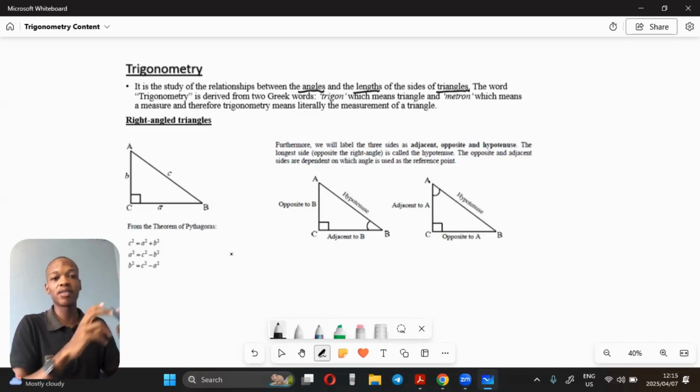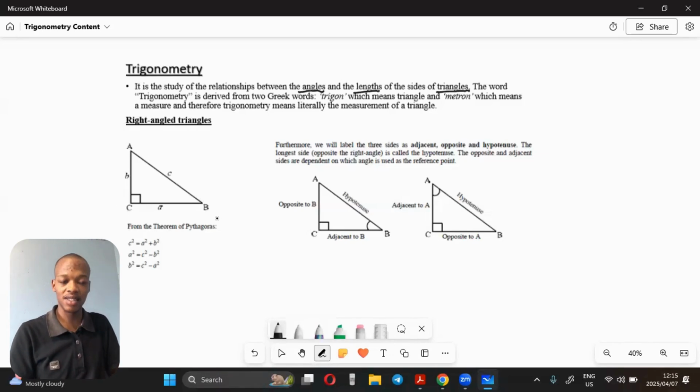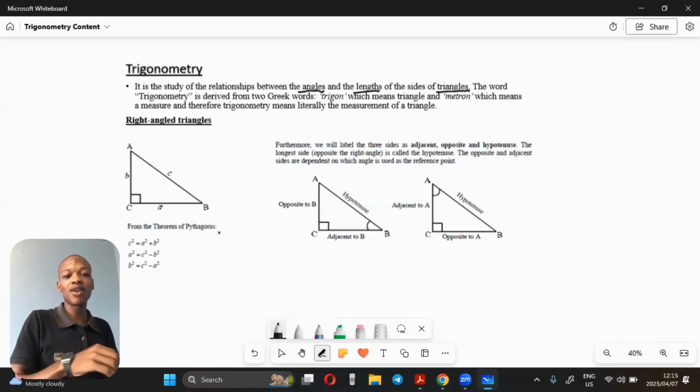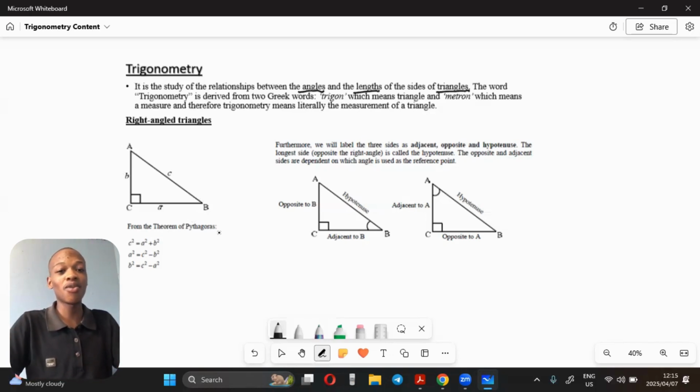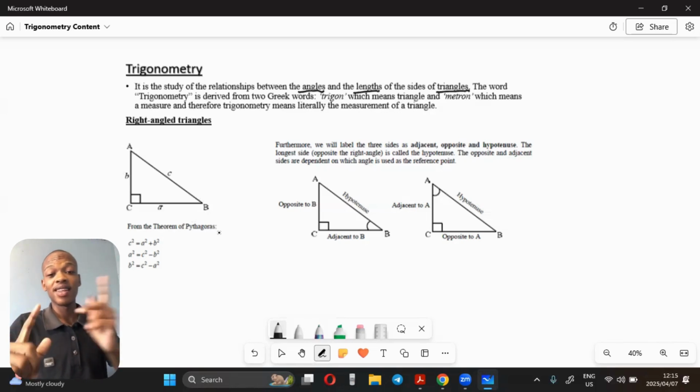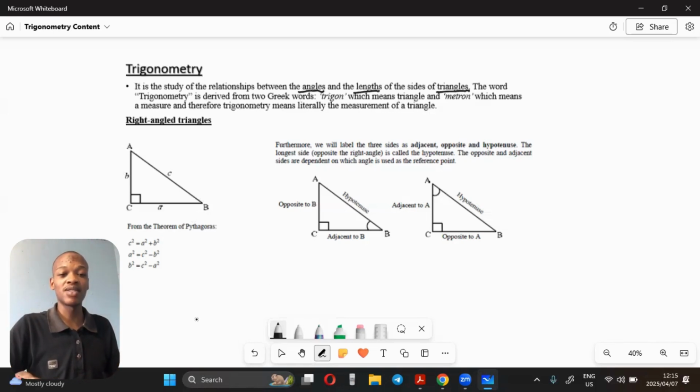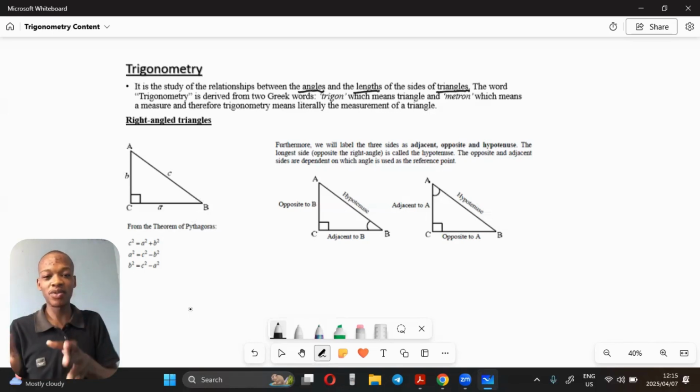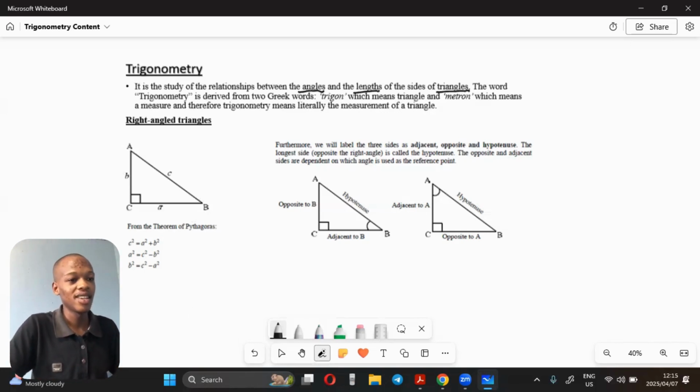For example, AB squared equals AC squared plus CP squared. But whenever you're calculating the adjacent or the opposite side, you'll always have to subtract from the hypotenuse squared. That is that.